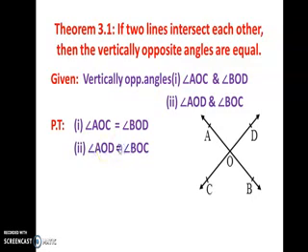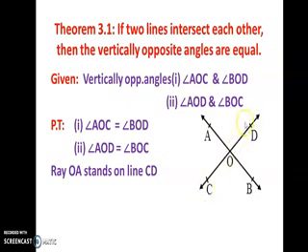Children, you know the linear pair axiom, isn't it? What does it state? It states that if a ray stands on any straight line, then the sum of the adjacent angles is 180 degree, isn't it? So here is a ray OA standing on a line CD.